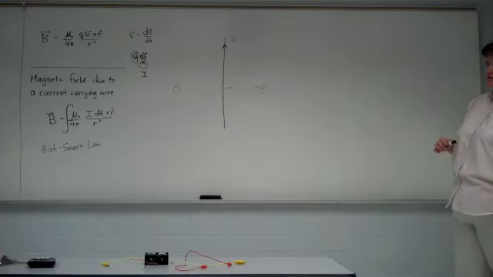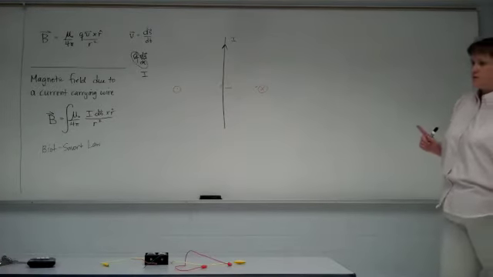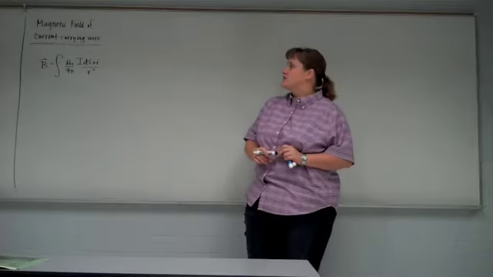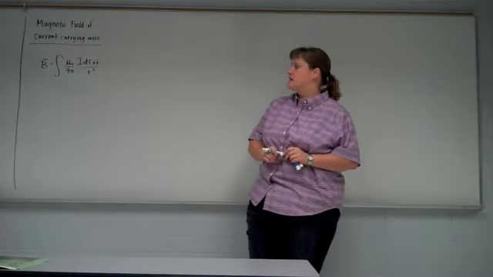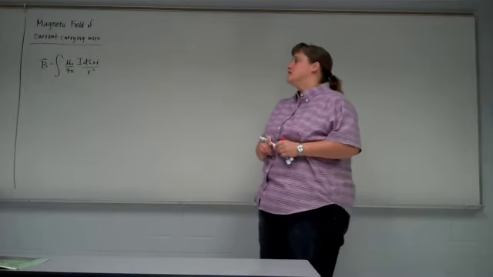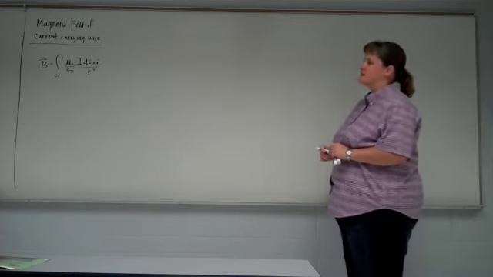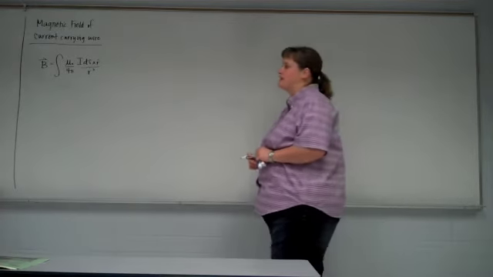We don't really have time to do that today, so we will not do that at this moment. We'll do it tomorrow. We introduced, this is called the Biot-Savart Law. It is the equation that will allow us to find the magnetic field around any current carrying wire.